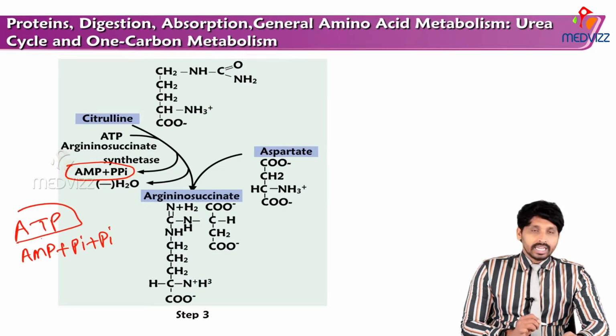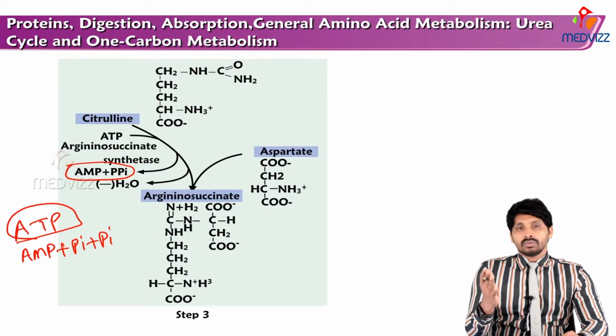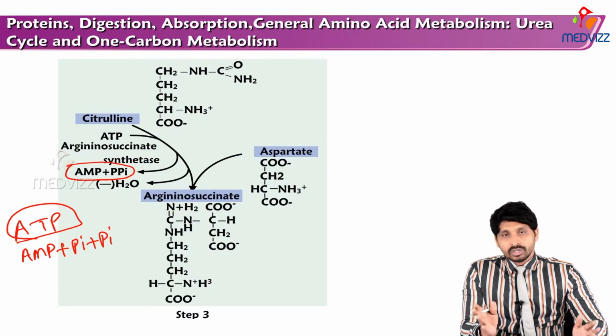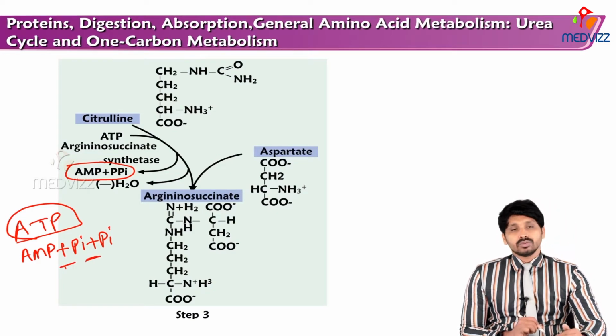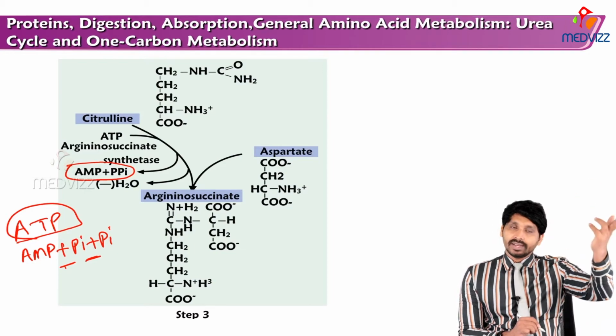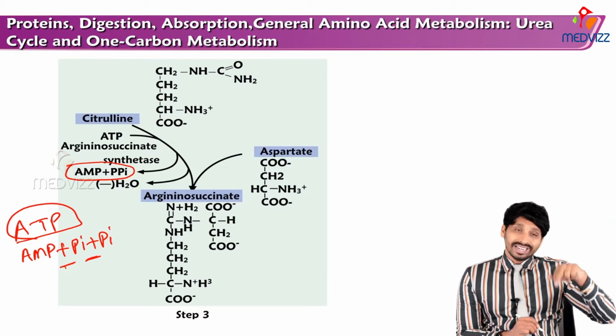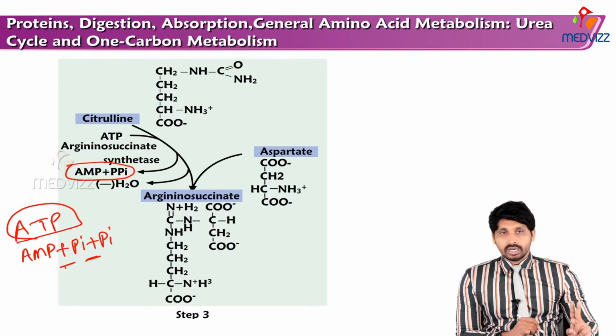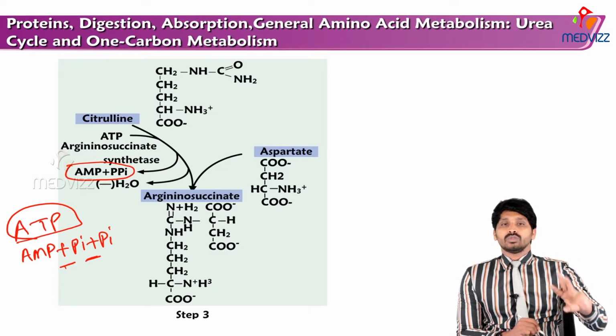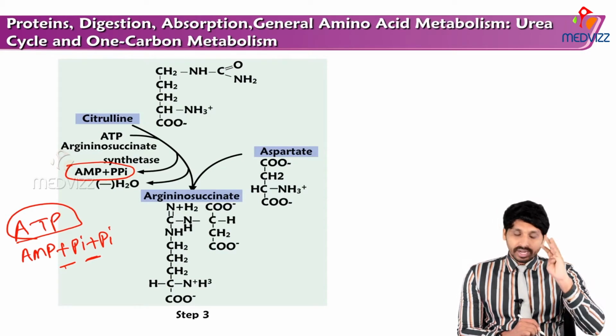When you convert ATP to ADP, breaking one phosphodiester linkage is equal to one ATP. Here you are breaking two phosphodiester linkages, which is equivalent to 2 ATP. So initially we spent 2 ATPs, and here, though it is a single ATP, we are cleaving two high energy linkages, which is equal to 2 ATP. So in total, so far 4 ATPs we have invested.